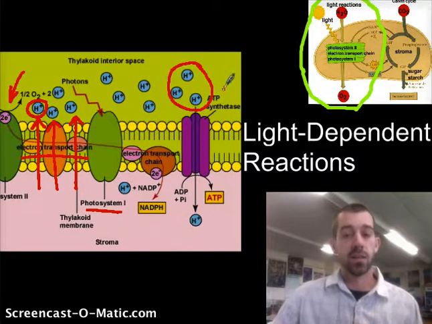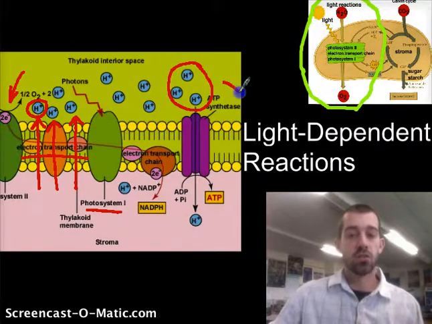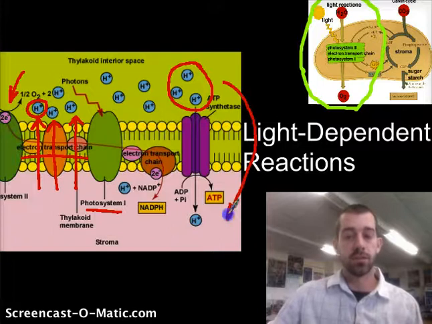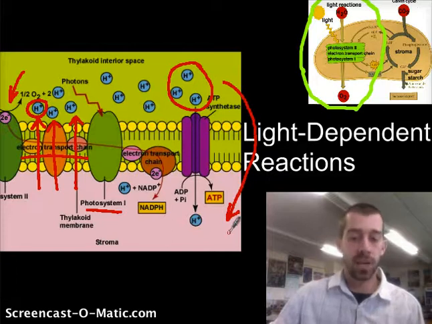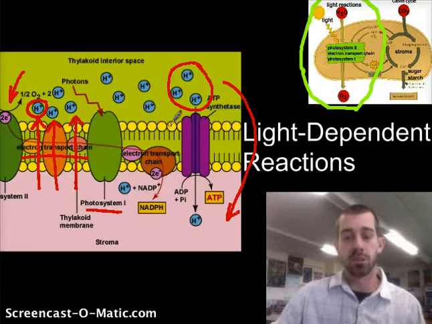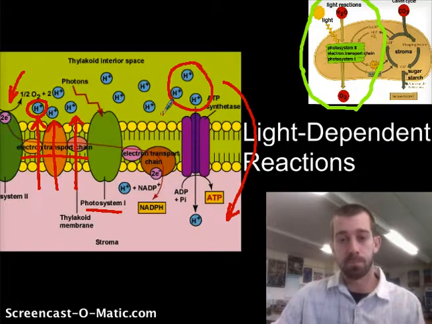That means that the protons have a strong desire, there's a big energy payoff, if these protons would move back outside. They do not want to be cramped inside the thylakoid, they want to spread out. And part of the reason for that is because they're all positively charged, and those like charges repel each other.